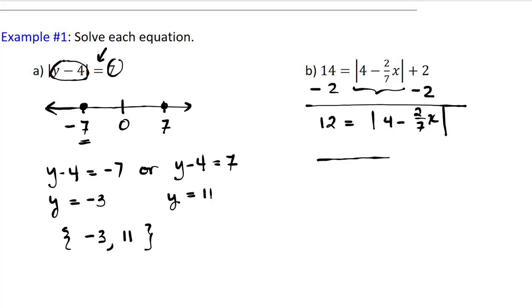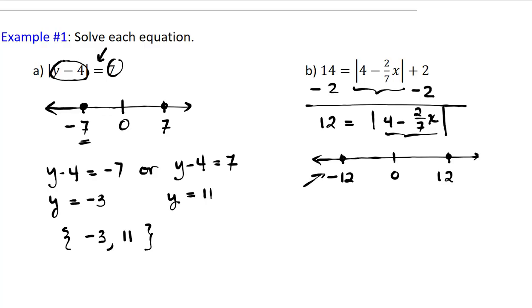And now we're going to interpret this. Again, draw a number line, label the origin. Absolute value means distance. So this expression here is 12 units from 0. 12 units from 0 are either -12 or +12 on the number line.